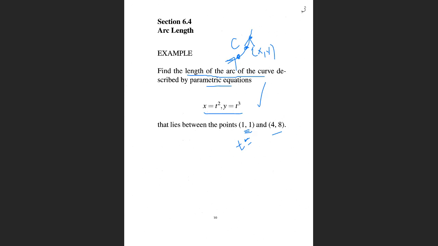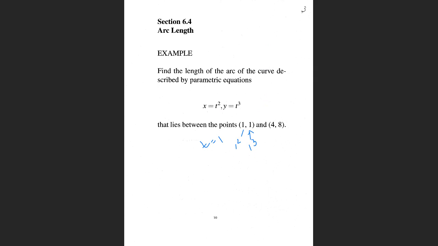Good, that's right, t equals 1, because 1 squared and 1 cubed both equal 1. So that means t has to equal 1 to start with.